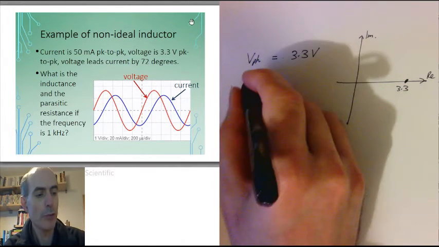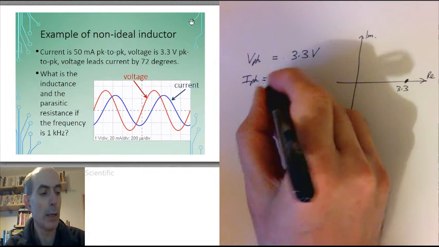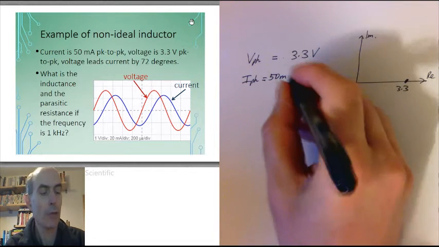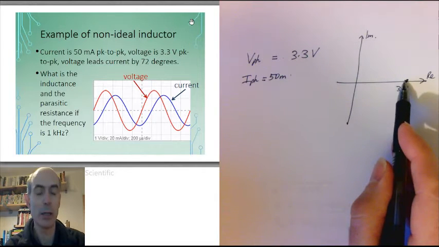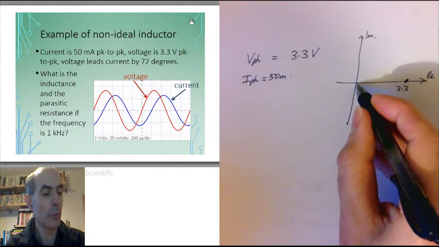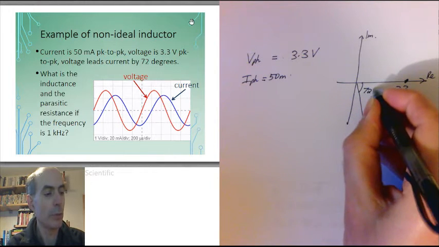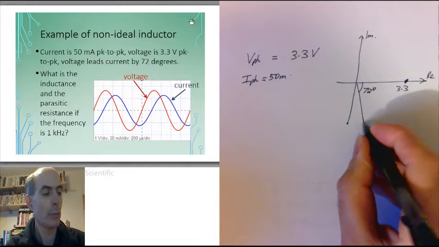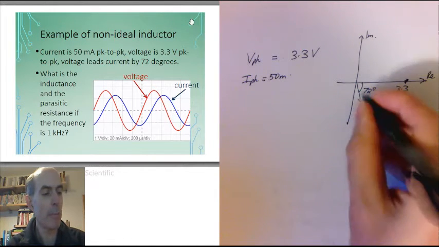Our current phasor, that would be 50 milliamps at a phase angle of, well, if the voltage is leading the current, then the current would be somewhere down here, 72 degrees in this case, behind the voltage, and it would have a value of 50 milliamps. That's its amplitude.